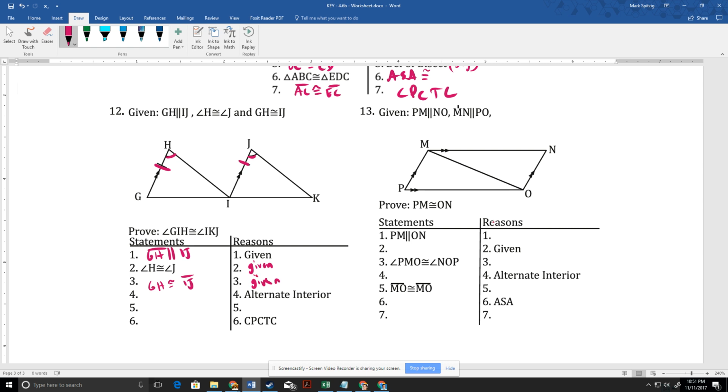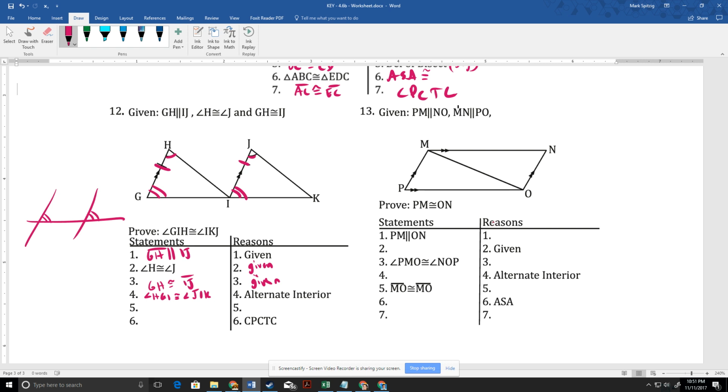All right, and so the fact that these two angles right here are actually going to be congruent. And again, why are they congruent? So these are the angles I'm looking at. These ones we would have to figure out. It would be angle HGI is congruent to angle JIK. And again, if I look at the parallel lines with where these angles are, it's actually here and here.